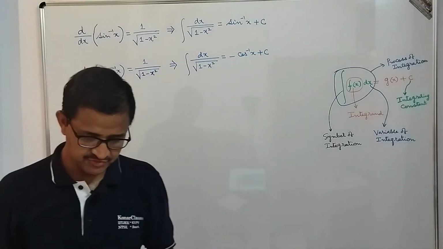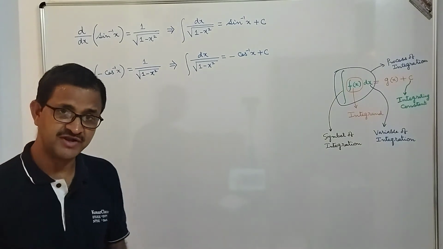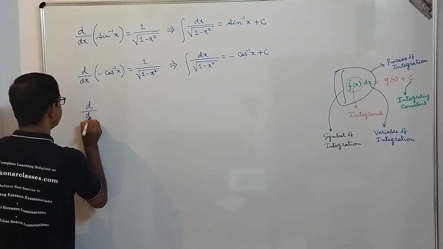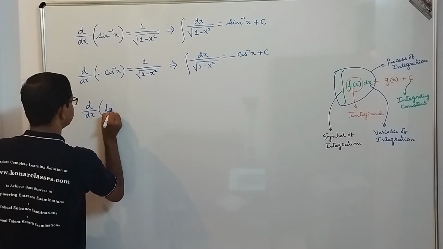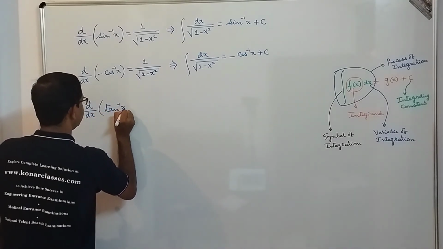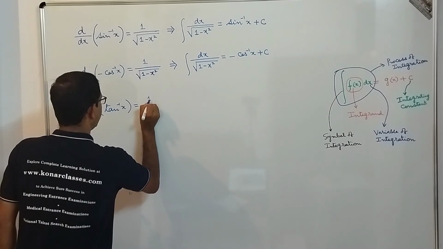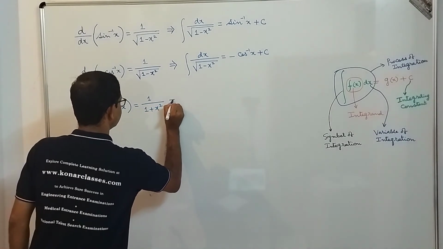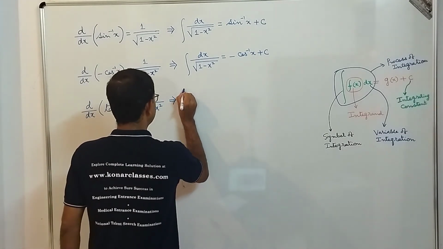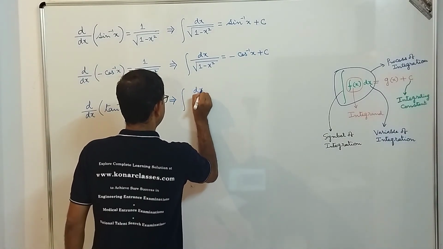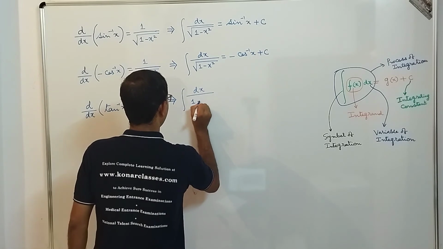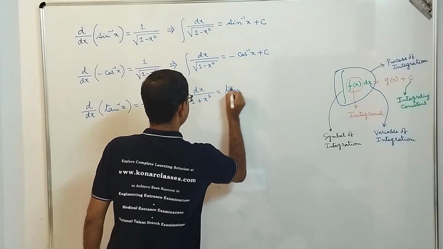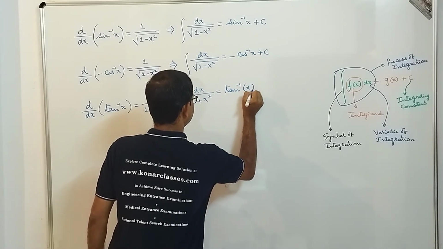Next formula, dear students. We know that d/dx of tan inverse x is equal to 1 by 1 plus x square. So this implies integration of dx by 1 plus x square is equal to tan inverse x plus c.